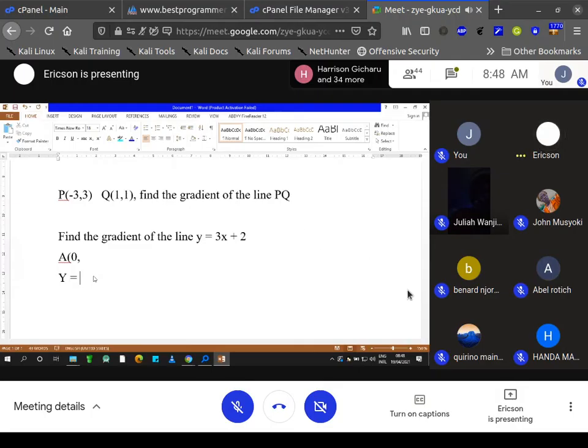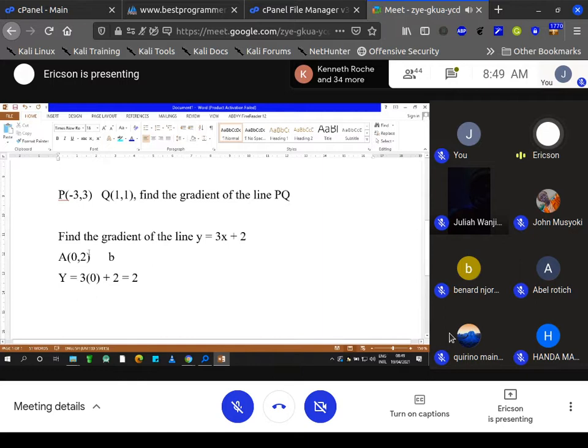The y value will be y equals 3 times x, and x is 0, plus 2. You multiply by 0, that's a 0, and then you will get 2. So our point A will be 0 for the x value and 2 for the y value.